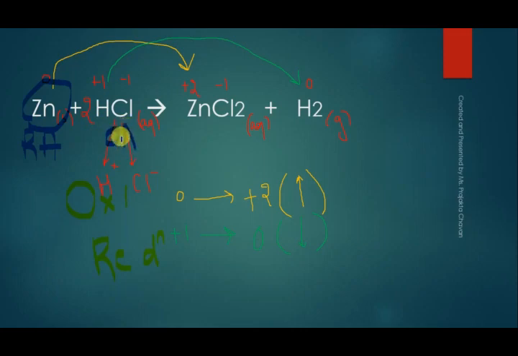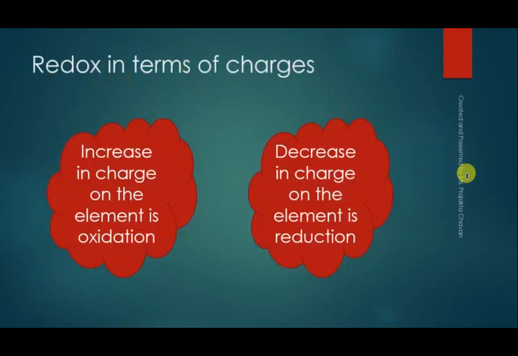And hence, this equation is a redox reaction. So redox in terms of charges: whenever there is an increase in the charge, it is oxidation, and whenever there is a decrease in the charge, it is reduction.